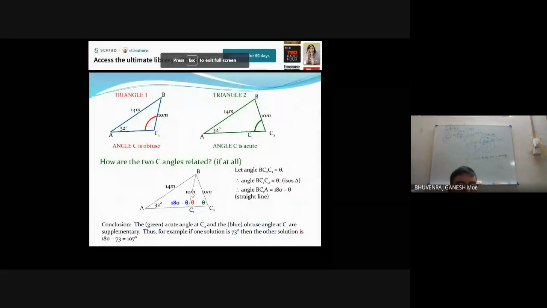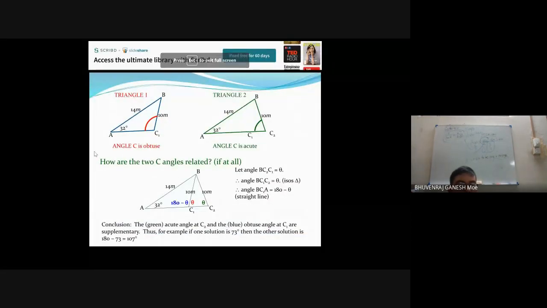So you see here, ABC, this is why I told you the angle is obtuse, between the AC1B. So this is the angle that's obtuse, and then this one here, angle C, will be acute. This is the one where I do the isosceles. So this one is acute, this one that forms 10 meter. So how they are related is 180 minus theta only.